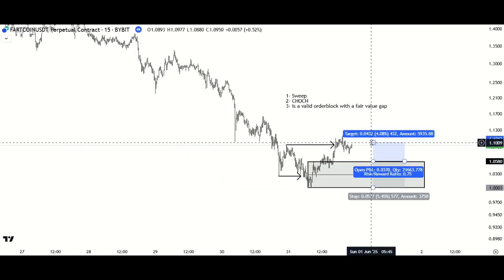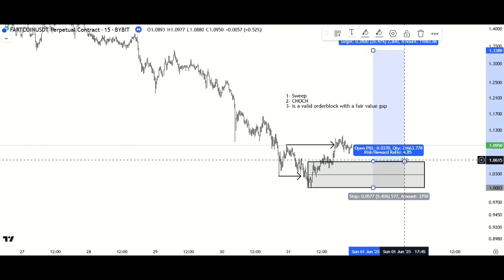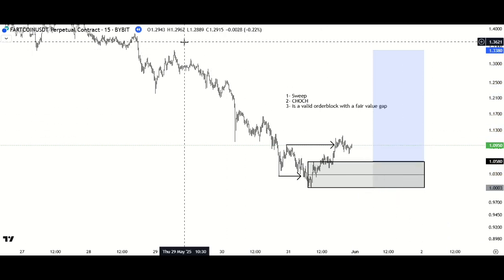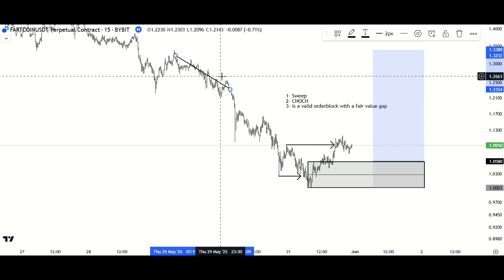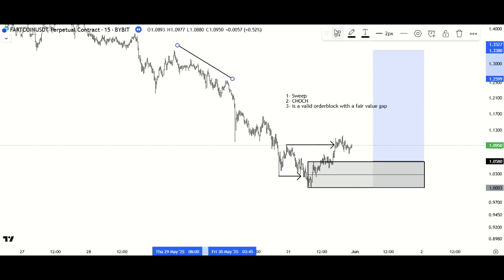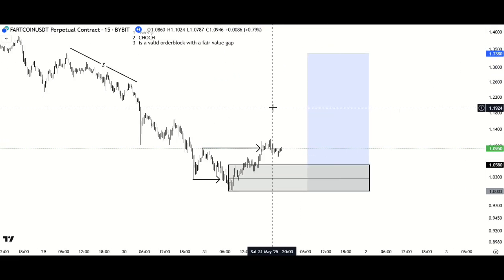Now we can target all these highs up over here, because all this movement you see right here, this is all liquidity. Let me just mark that up as a dollar sign so you guys know.